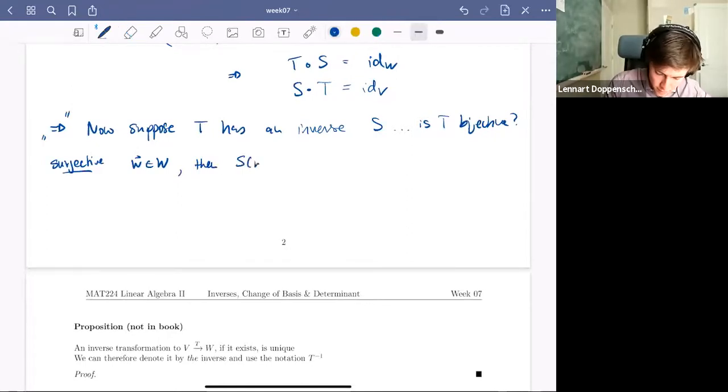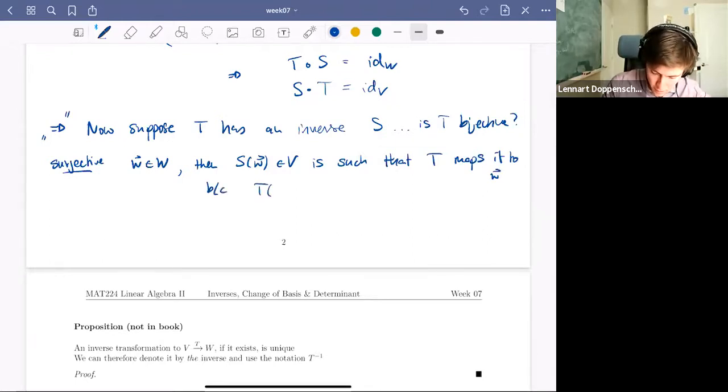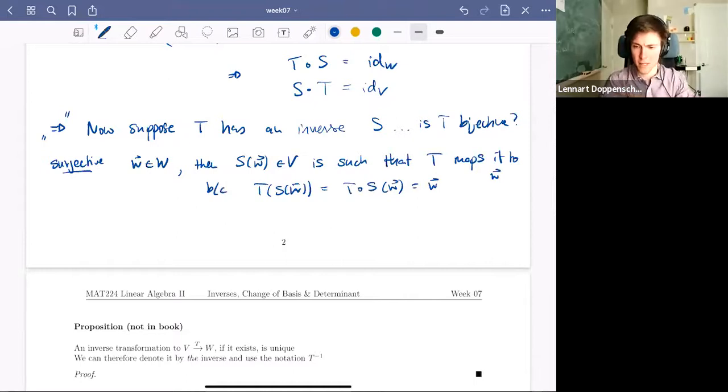S of W in V is such that T maps it to W, simply because T of S of W is T composed S of W, and this is W. So for every element in W, there is an element that maps to it. That's the definition of surjective.